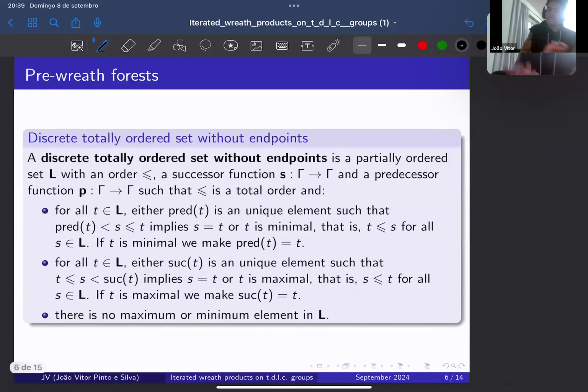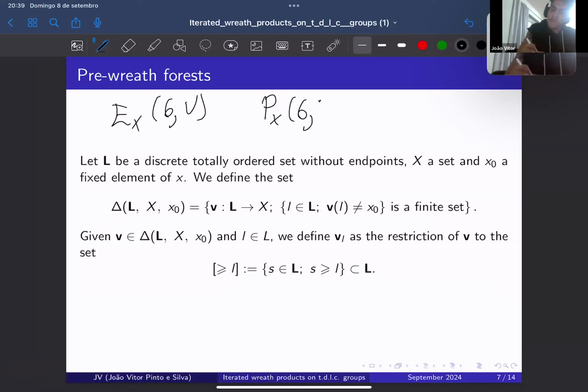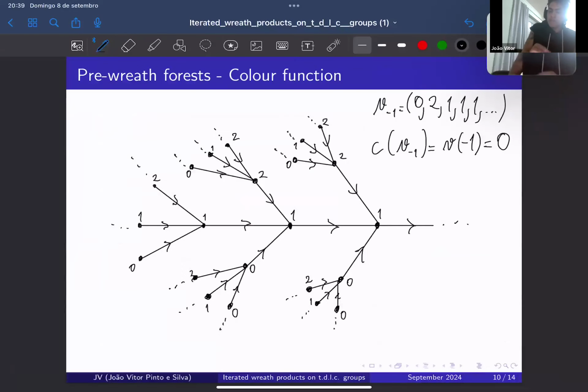And now for the definition of the trees, the forests that I want to build. For the ones who already saw the construction of the groups E X G U or P X G U that I had in some previous talks, the idea is that when I have L equals Z, I want to build, let me show a drawing, an infinite tree where each vertex has countably many leaves coming to it.